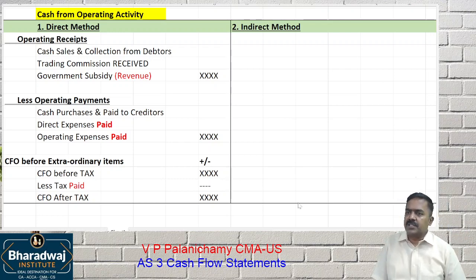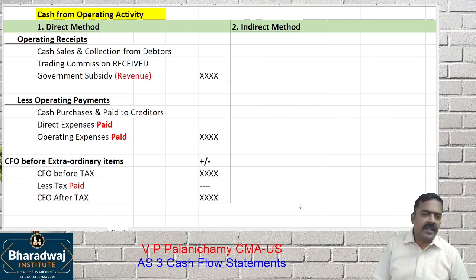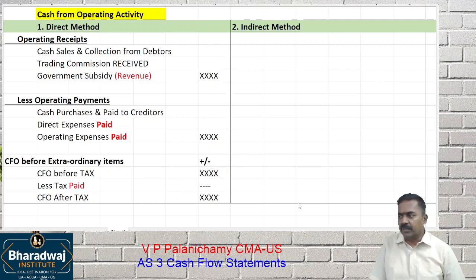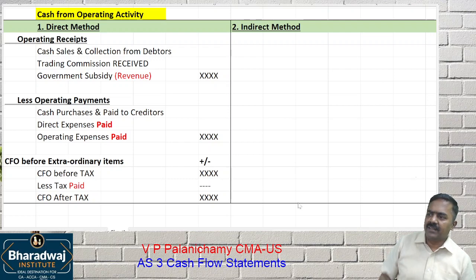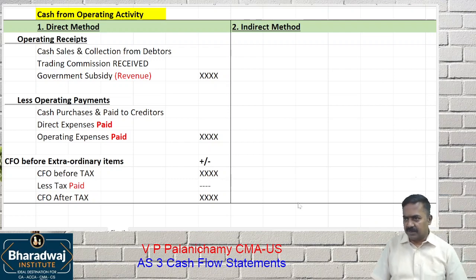The classification is not based on capital expenditure or revenue expenditure. It is based on operating items, investing items, and financing items. So first, what we are learning is cash from operating activity, and the first part we are learning under the direct method.